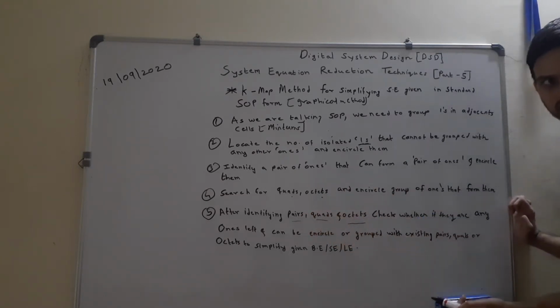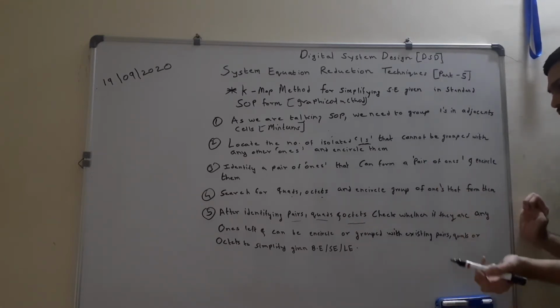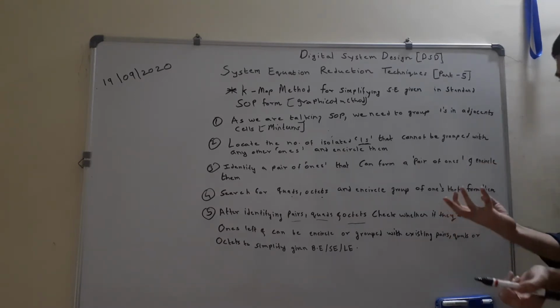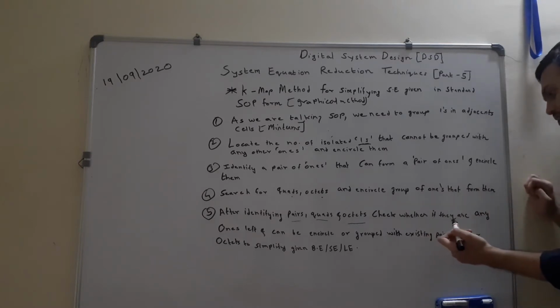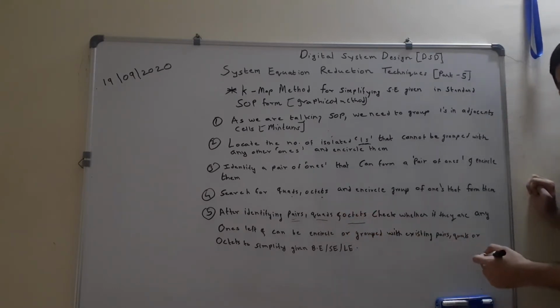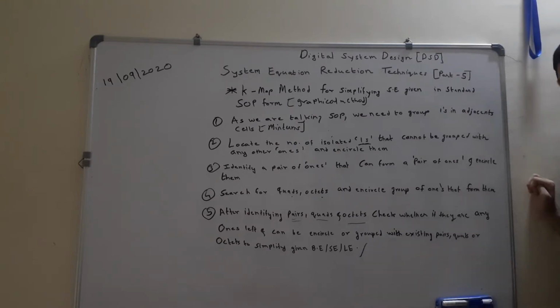If they are in adjacent cells and do not form any quad or pair, but can easily join a group by the adjacency principle, then see whether they can be combined into any existing pair, quad or octet. This is how you simplify a given logic expression, a Boolean expression, using a K-map.